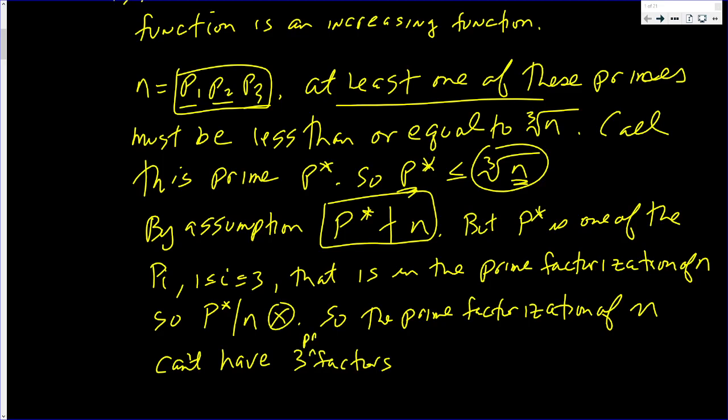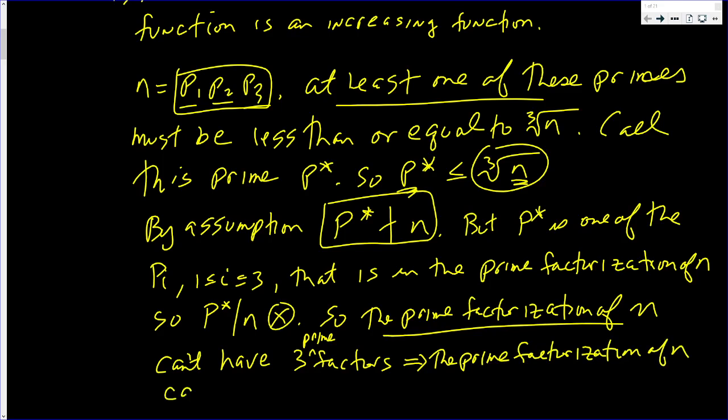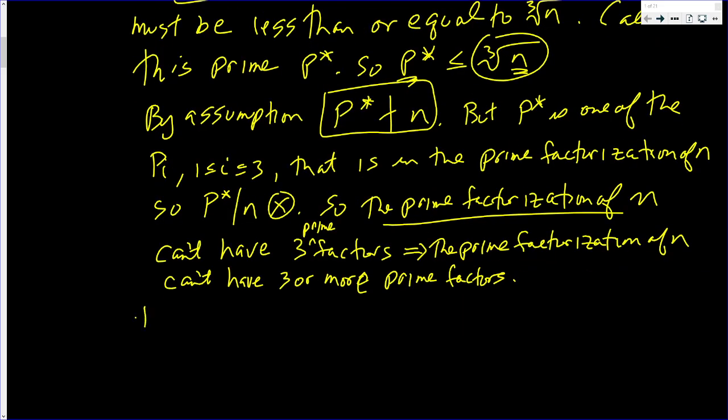That implies the prime factorization of N can't have 3 or more prime factors. That is, N has 1 prime factor or 2.